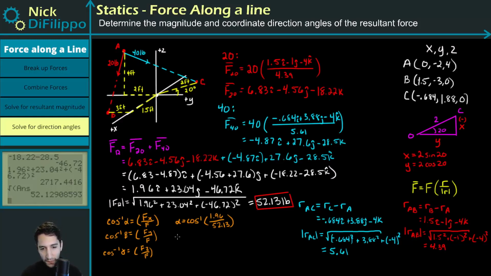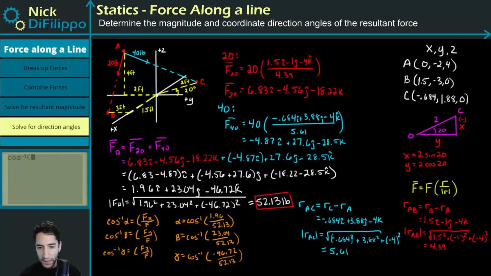So we can solve for all of these. So this is going to be 23.04 divided by 52.13, and gamma is going to be minus 46.72 divided by 52.13. So let's put these in the calculator.